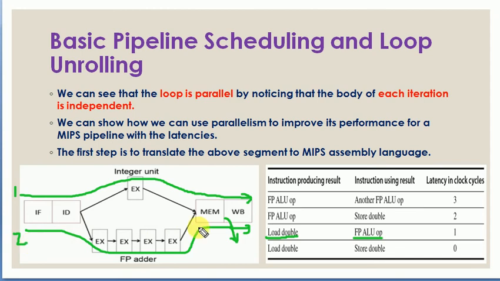Okay, now after that this FP-ALU operation begins. It will start from here, instruction fetch, because as it is a pipeline it cannot start from this stage. Instruction fetch, instruction decode, then EX.